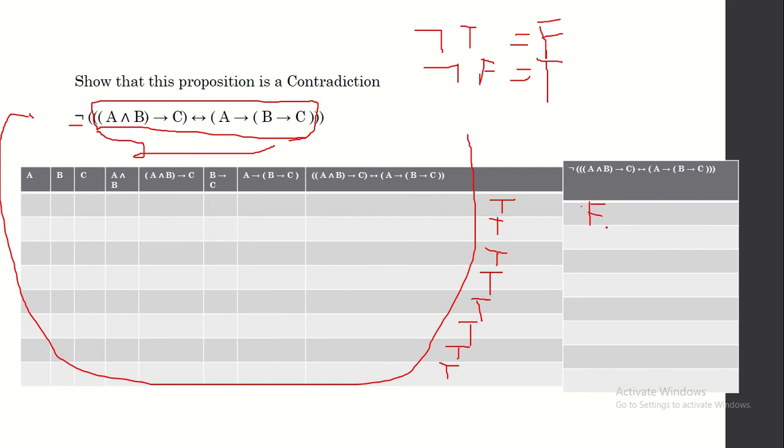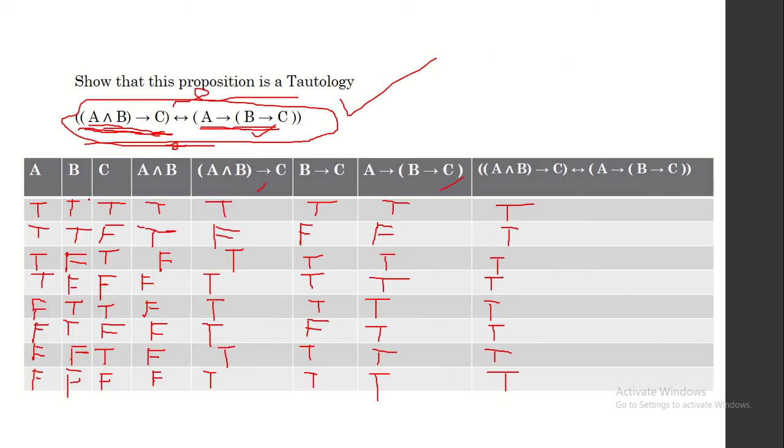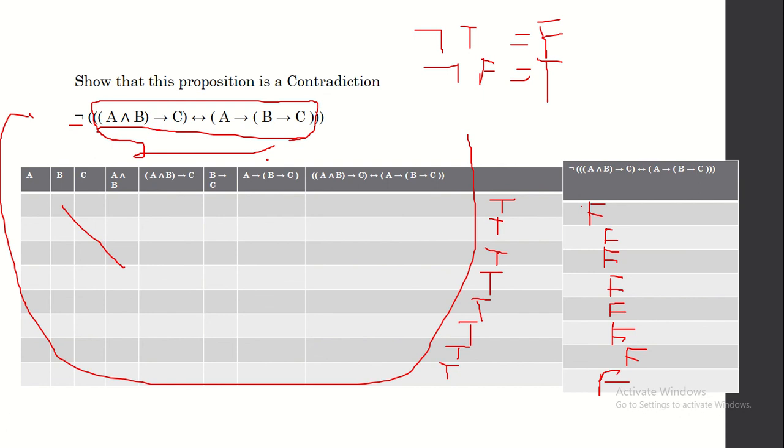So all the truth values will be false. As all the values are false, we can say that this is a contradiction. Here we did not solve these parts as we have already solved them previously, so I just skipped them, but in the exam you have to show this.